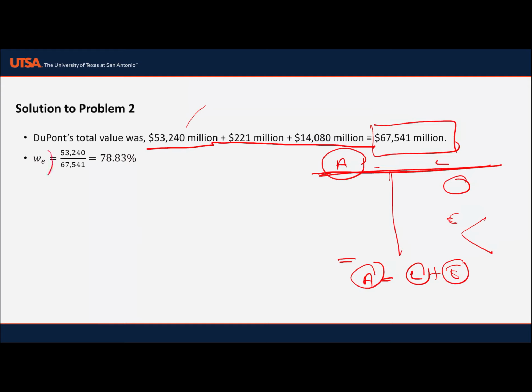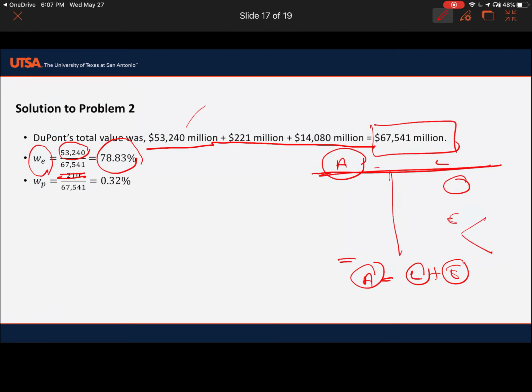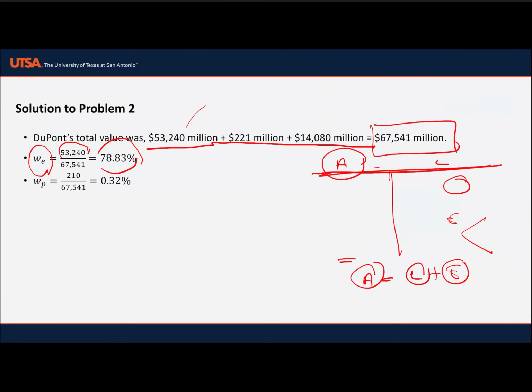And why are we adding up? Because we need to find the weights of equity. So this is total assets, and 53,240 is the total equity. So we find the proportion of equity, 78%. Similarly, we find the weight of preferred equity.